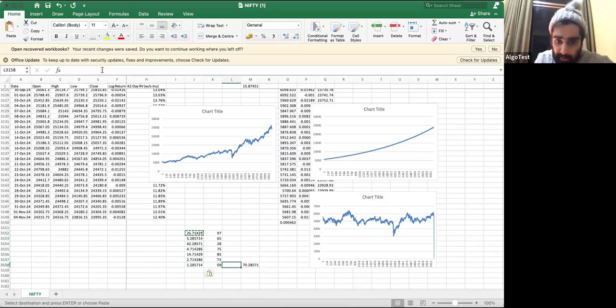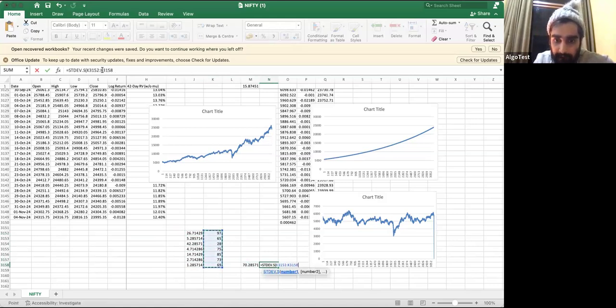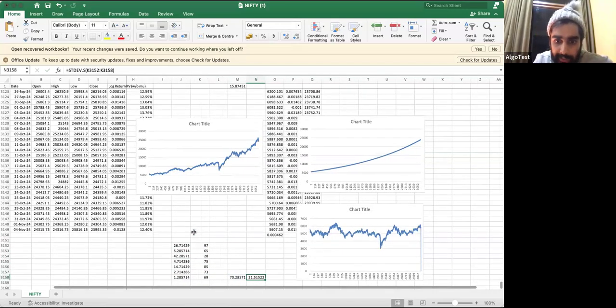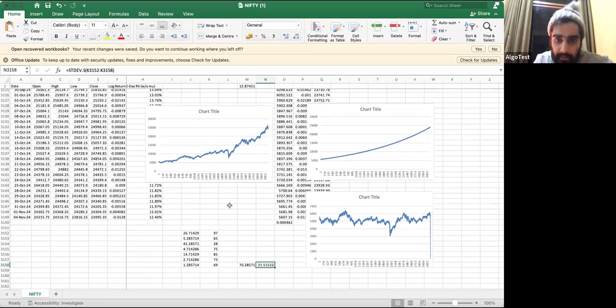Let's take the standard deviation. So this is my mean. In the context of these marks that the students got, this is the average marks, and this is the standard deviation, right?